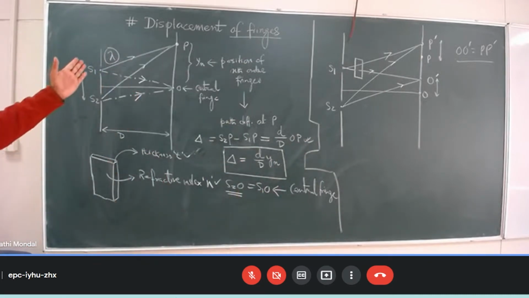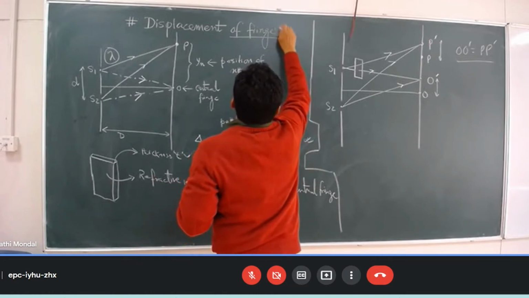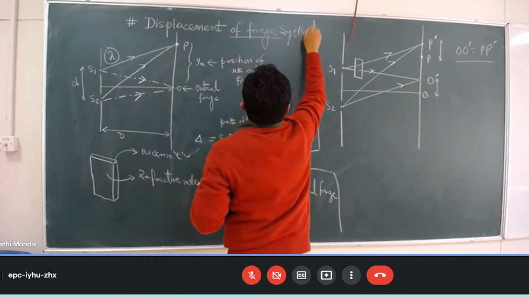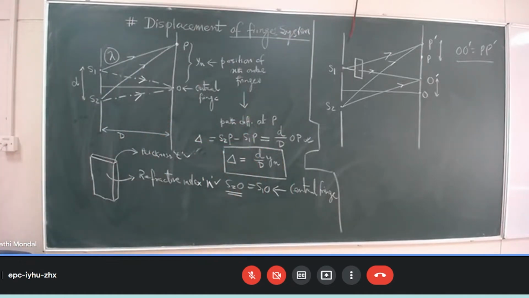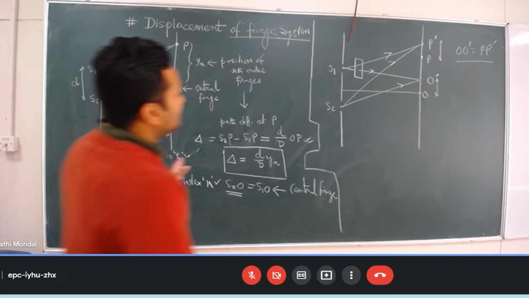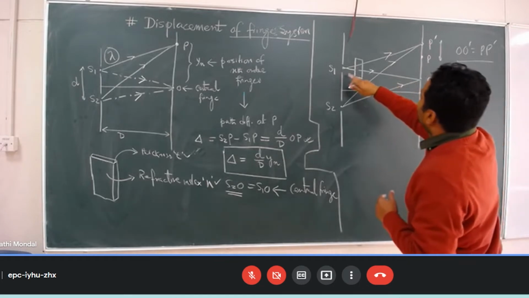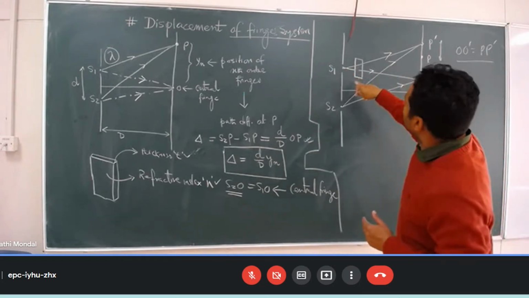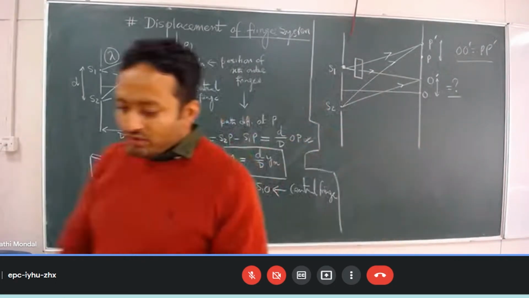So that's why we are saying the displacement of the fringe system, the whole system, not a single central fringe or P shifting, but all the fringes will shift together. Now we have to calculate how much this shift actually happened due to the insertion of this thin sheet near the source S1. Okay, that we will calculate.